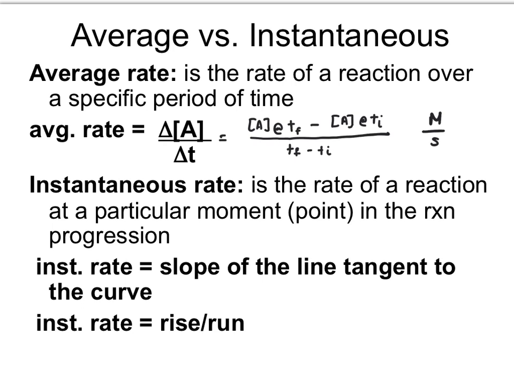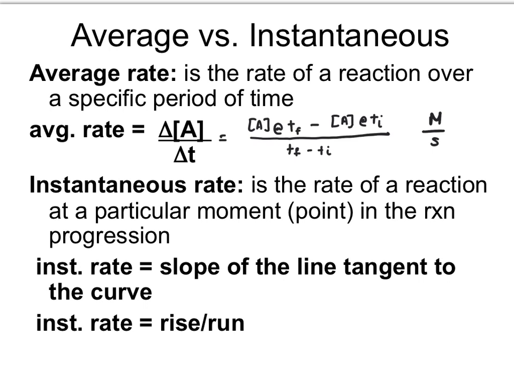Now, instantaneous rate is the rate of a reaction at a specific point in time. Okay, so unlike average rate, which is comparing the change over a specific time period, the instantaneous rate is looking at the rate at a single point in time. Basically what we need to do here is graph the data from our reaction.